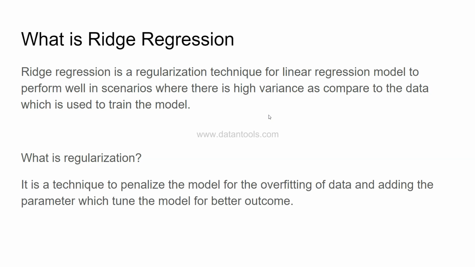It is a technique to penalize the model for the overfitting of data and adding a parameter which tunes the model for a better outcome. Like I said, it penalizes the model by adding a bias and then it reduces the variance from the new data points. Alright, let's see it in action.